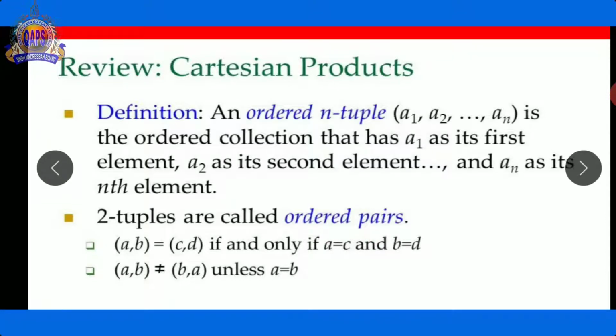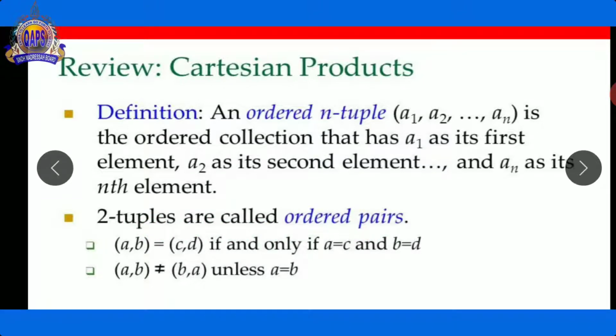The order shows how many numbers are in between this bracket. So an ordered pair must represent only 2 digits. That's why we say 2-tuples are called ordered pairs.